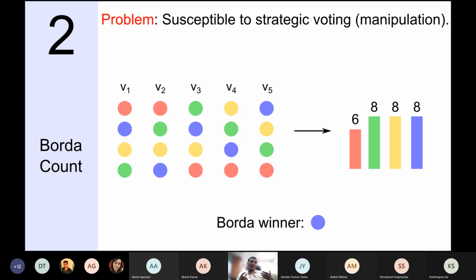Then it might be possible for you to misreport and get a better outcome. So this is what is happening before the voting is done. This is just pointing out a possibility. It's not saying that this is always happening. It's just saying that this could be a problem in some situations.